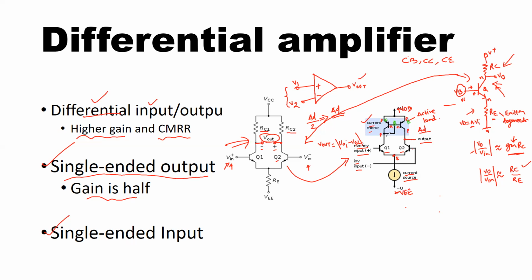And those are the collectors of the transistor. So you basically can see that VEB is equal to VEC for the transistor, let's say Q3, and this is your transistor Q4. This is for the transistor Q3, okay?